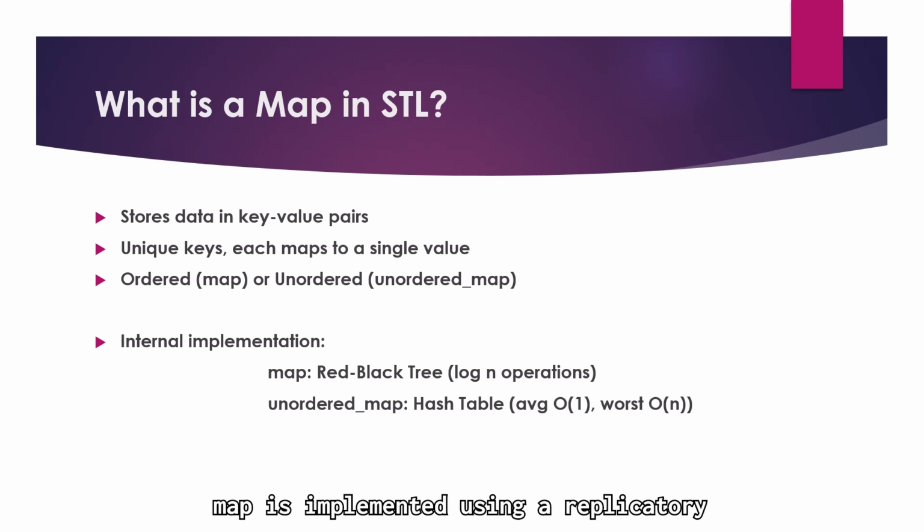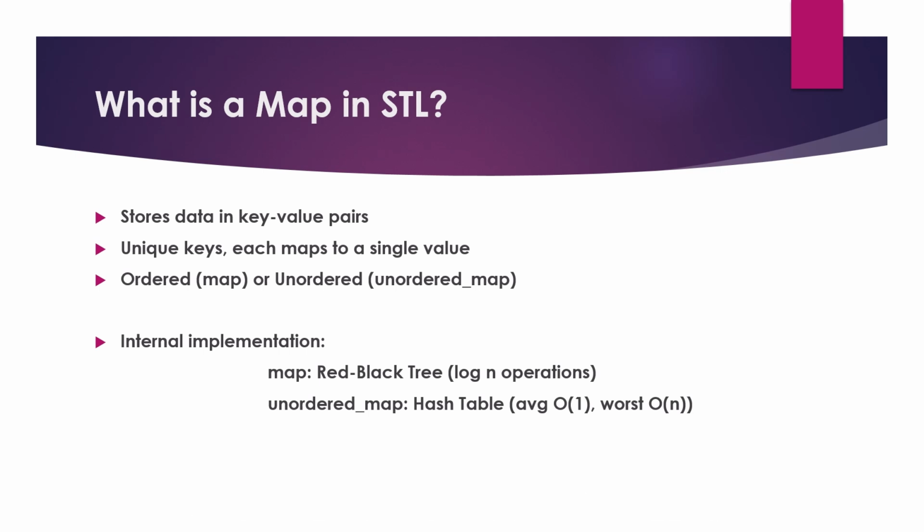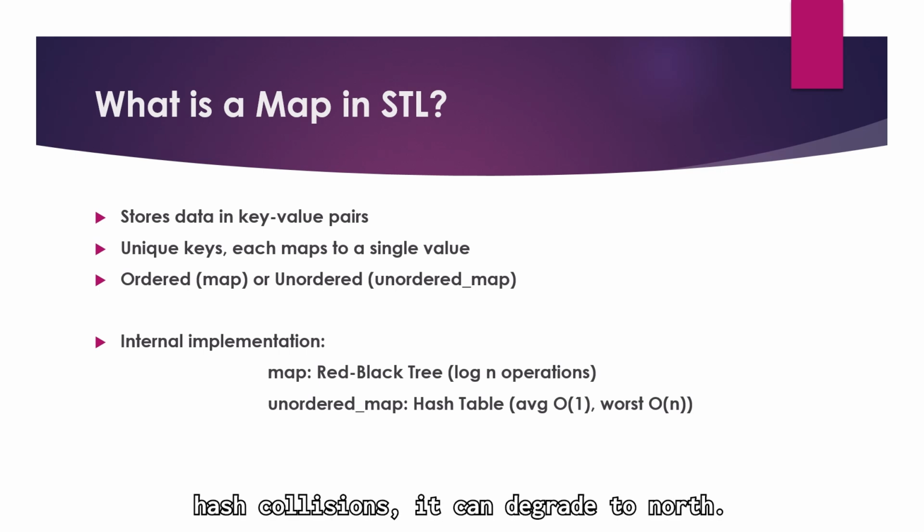Internally, map is implemented using a red-black tree, giving us logarithmic, or log n, time complexity for insertions, deletions, and searches. On the other hand, unordered map uses a hash table, giving us average constant time for the same operations. However, in worst case scenarios like hash collisions, it can degrade to O(n). This makes understanding the internal implementation important when choosing between the two.